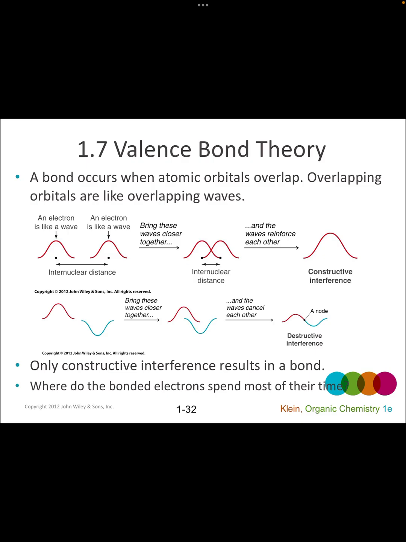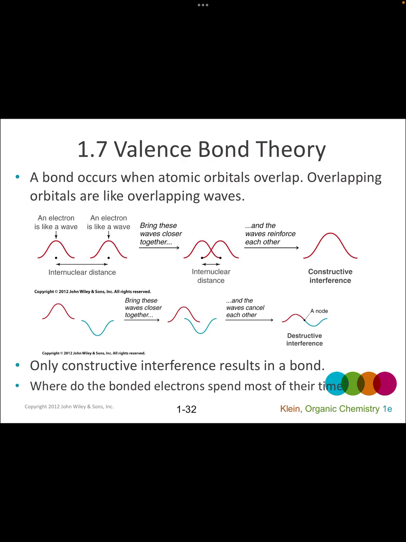The wave is enhanced, is what that means. Whereas destructive interference is when waves of 2 different phases come together, then they sort of destroy each other and create a node, meaning there's going to be a spot where there is no wave at all. And that's sort of how electrons work as well.